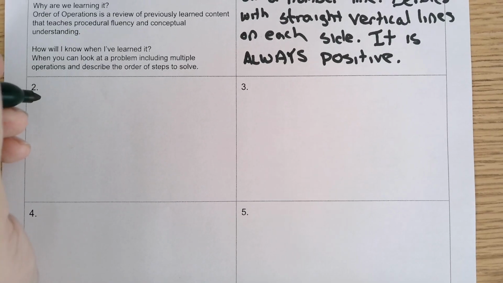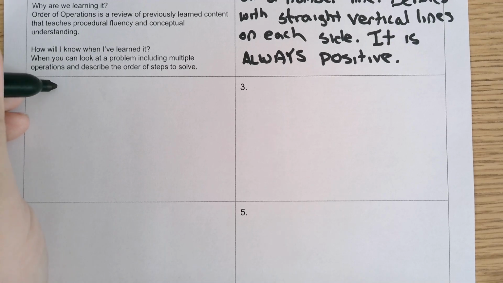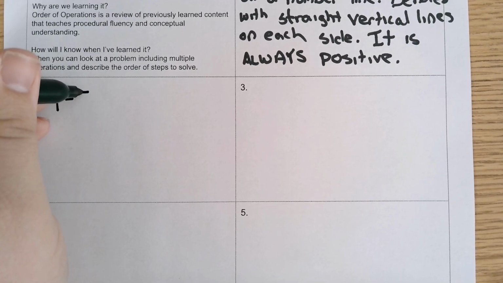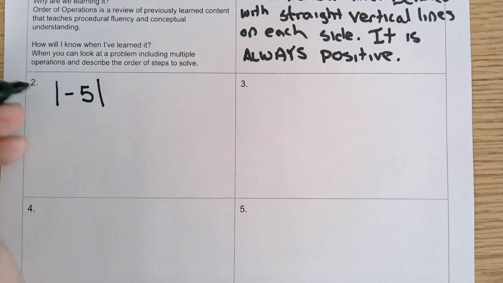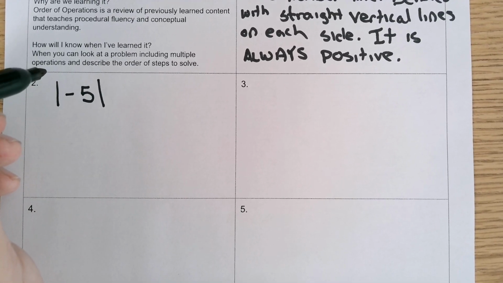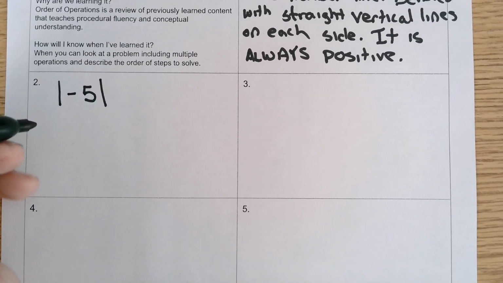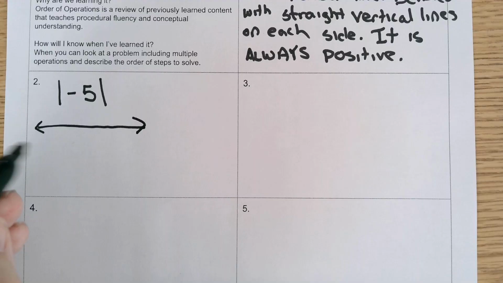Let's take a look at our first example. We have the absolute value of -5. So it's denoted with these straight vertical lines. Okay? If you see vertical lines around here, that means you're going to be taking the absolute value. Now, the absolute value of -5, how you could look at this, you could draw a number line.